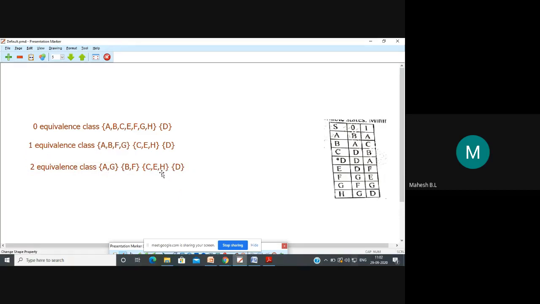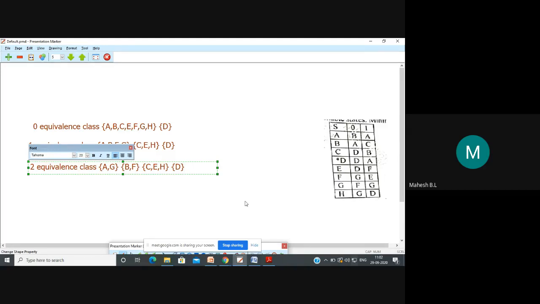Now let's try whether A, G can be partitioned further. A goes to B and A, so B here and A here. G goes to F and G, the same. So A and G cannot be partitioned right now. Now consider B and F. B goes to A, C. F goes to G, E again.